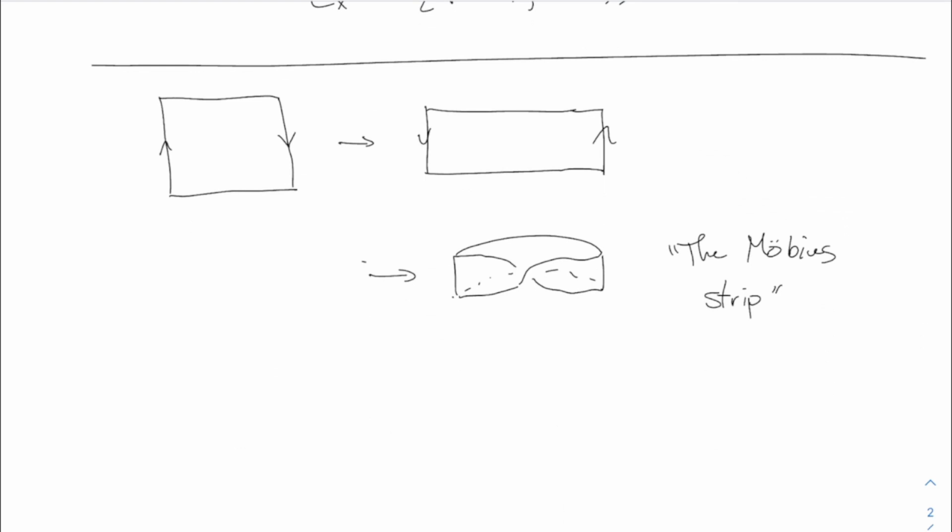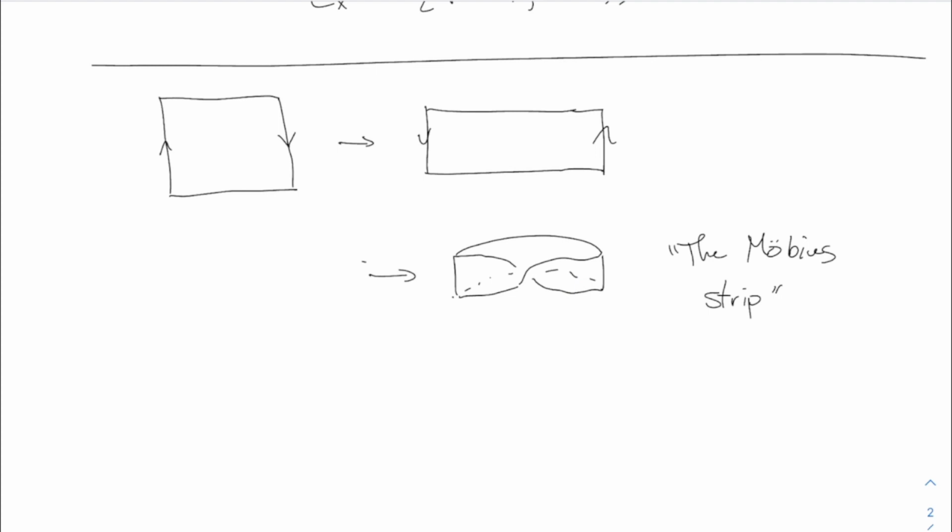Starting here, let's say I'm going to paint the outside blue. You have to visualize in your mind. You paint around the back side of this, come around here, and paint this thing blue. But when you go through the twist, you're going to end up back over here, but on the other side, and still painting it blue.